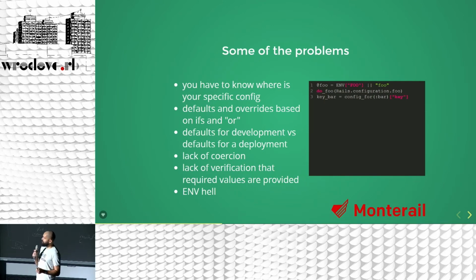It's hard to distinguish that some of the defaults should be available only in development and not on a specific deployment. Lack of coercions, lack of verification that you actually provided values that should be provided, unless the application explodes on the production. And it's easy to end up with environment hell, with dozens of variables and a complete mess with configuration.